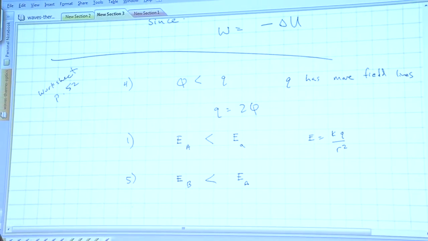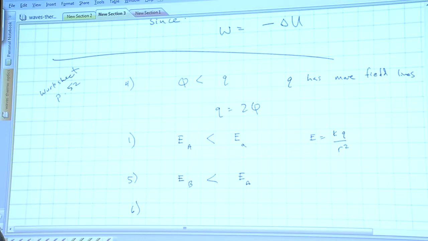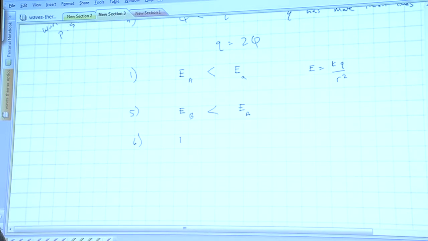How about number 6? The electric field at B versus the electric field at C. Equal. Same Q, same distance away, so they're equal.